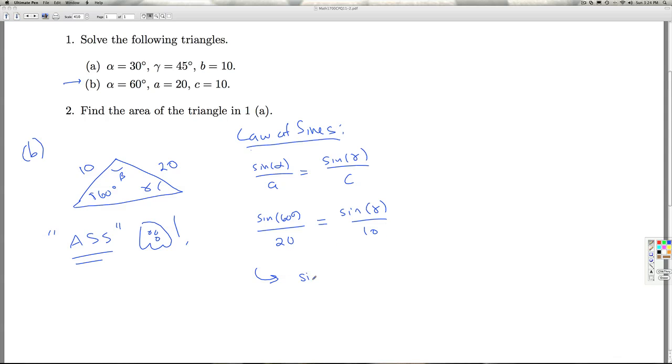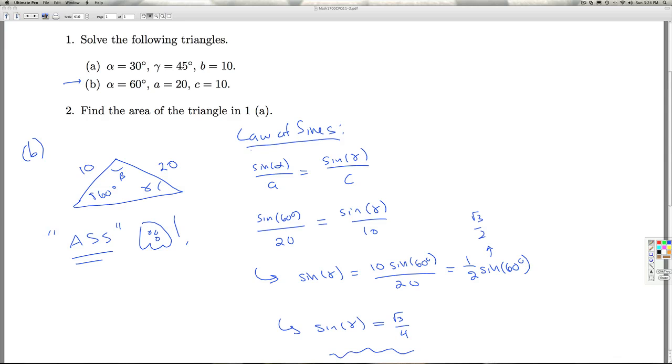Okay, so this gives me the sine of gamma is 10 sine 60 degrees over 20, which is 1/2 sine 60 degrees. Sine of 60 degrees is something I know. That's radical 3 over 2. Multiply that by 1/2, I get radical 3 over 4.